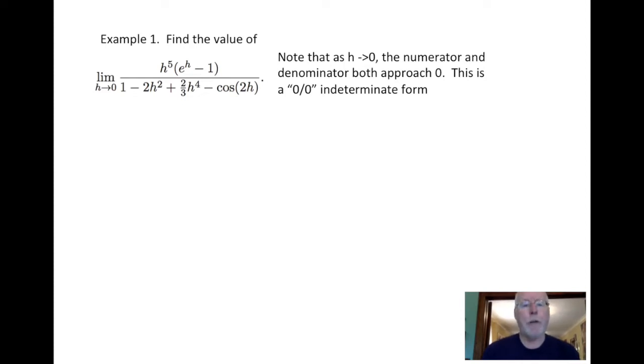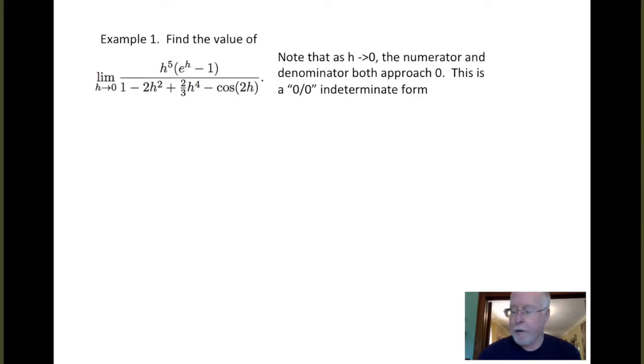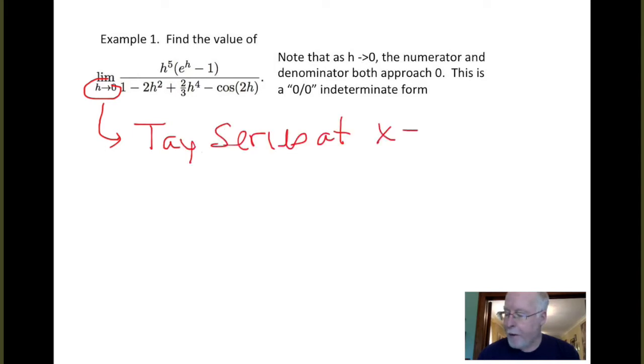We're going to use power series, and the power series approach works something like this. We're going to notice, first of all, that because we have h equals 0, we're going to express the numerator and denominator as Taylor series at the expansion point x equals 0.